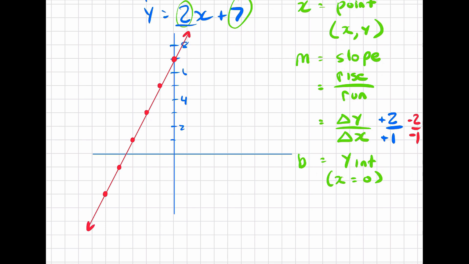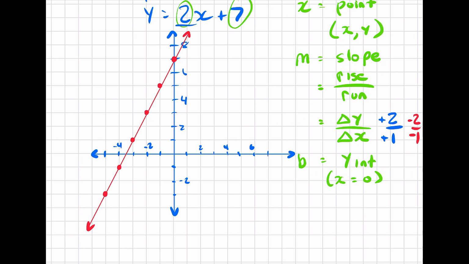And an arrow goes on that end, and an arrow goes on that end. And that is the graph of that line. Now, we would want to finish off labeling all of our points if we wanted to complete this properly and also give it some values. And there we go.